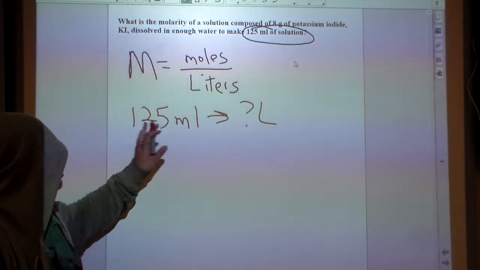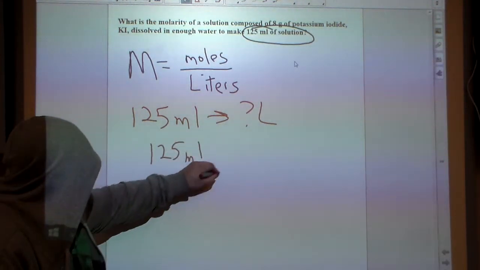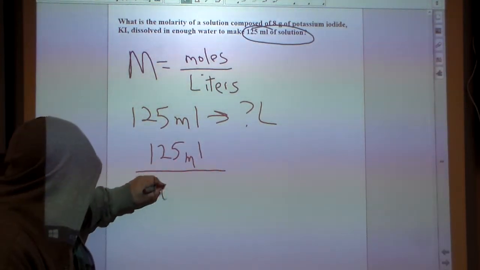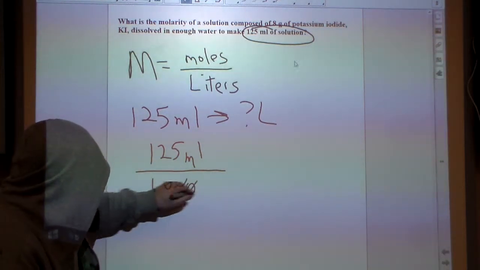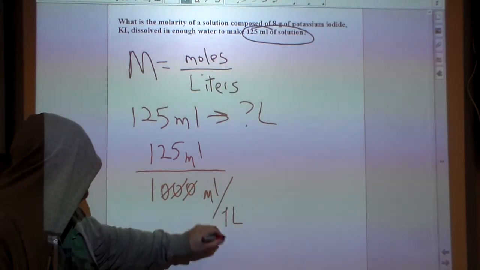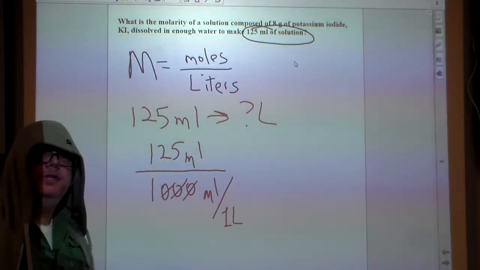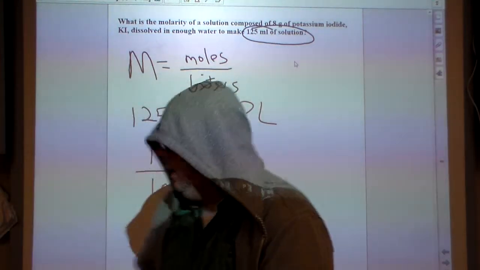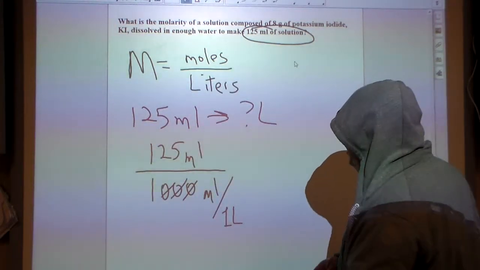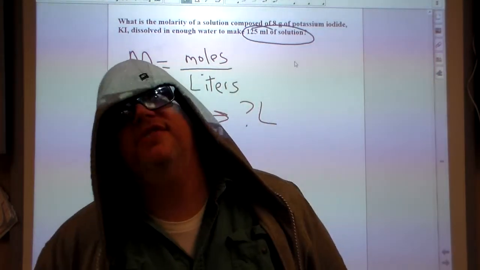So, if I want to change this, I've got to go 125 milliliters divided by 1,000 milliliters to 1 liter. Okay? And you'd say, but how do I know how to divide? Well, because the milliliters will cancel out, because anything over itself is 1.